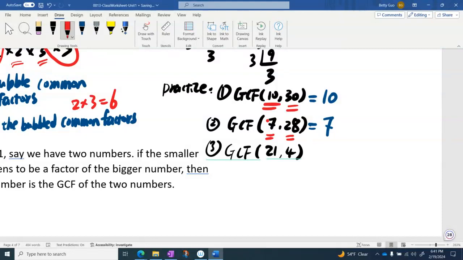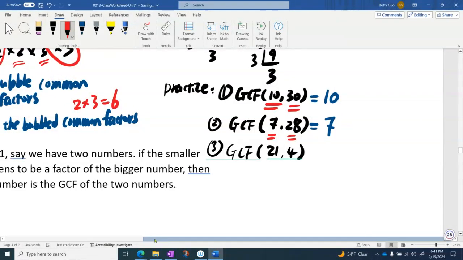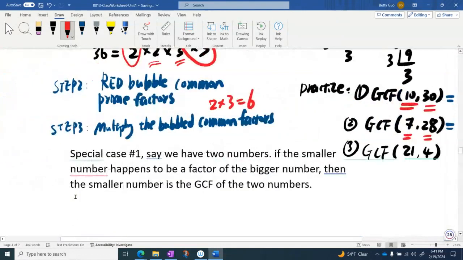All right. For number 3, we have another special case. I want you to write a note about special case number 2. The focus of today is the two special cases.